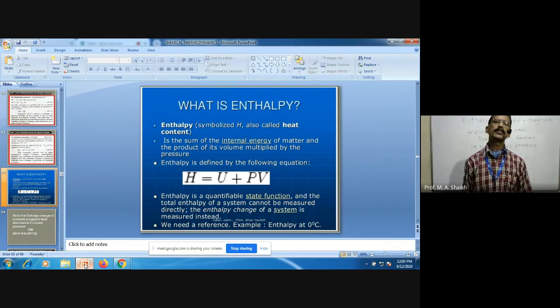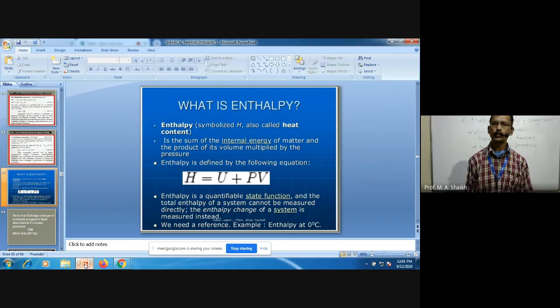Since enthalpy is a state function, how to calculate enthalpy change? Enthalpy change, that is delta H, is equal to H2 minus H1. What is H2? H2 is enthalpy of final state and H1 is enthalpy of initial state. Suppose our system is a chemical reaction.